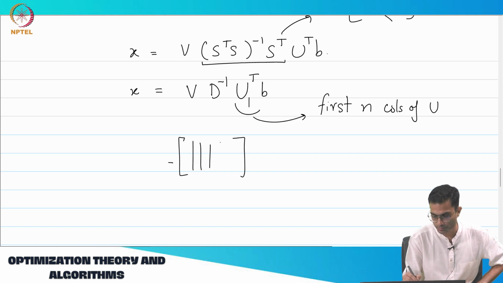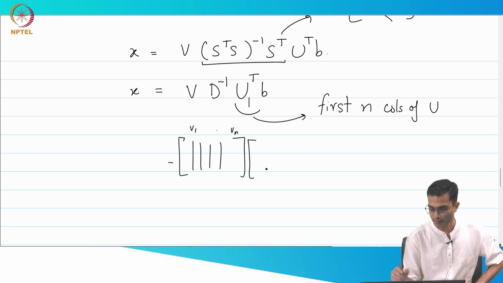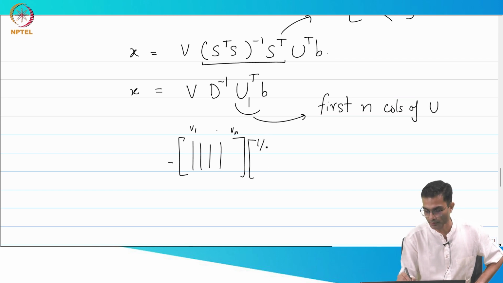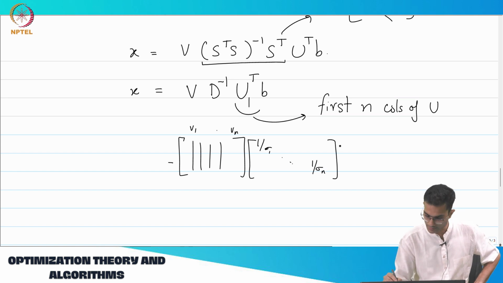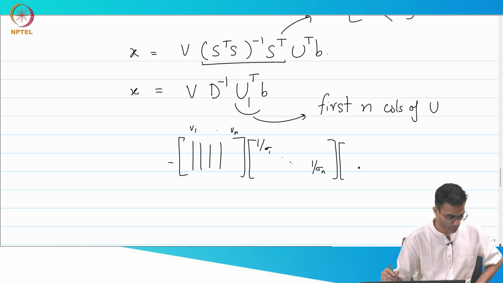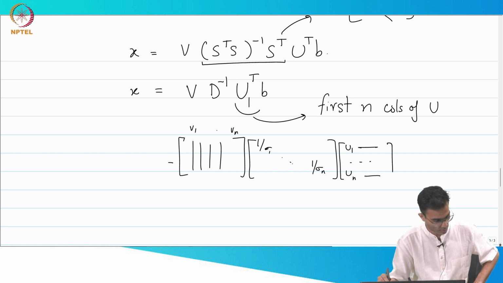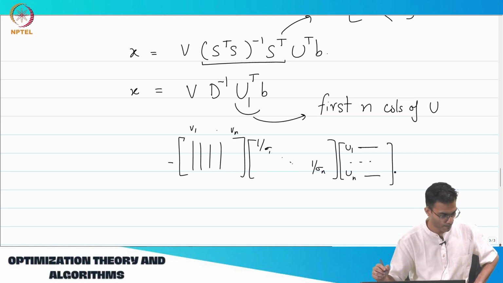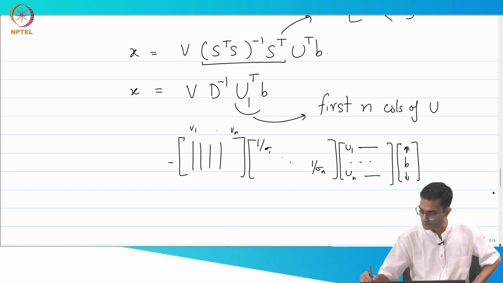These are the columns of V, V1 up to Vn. The diagonal is going to be 1 by sigma 1 up to 1 by sigma n. And then I have something like this. That's what is going on over here.